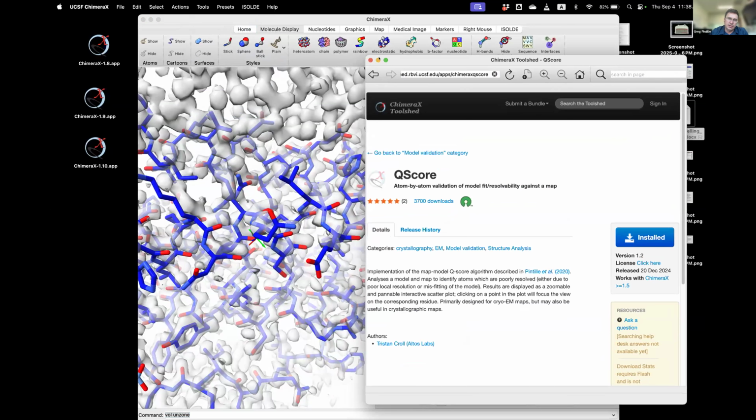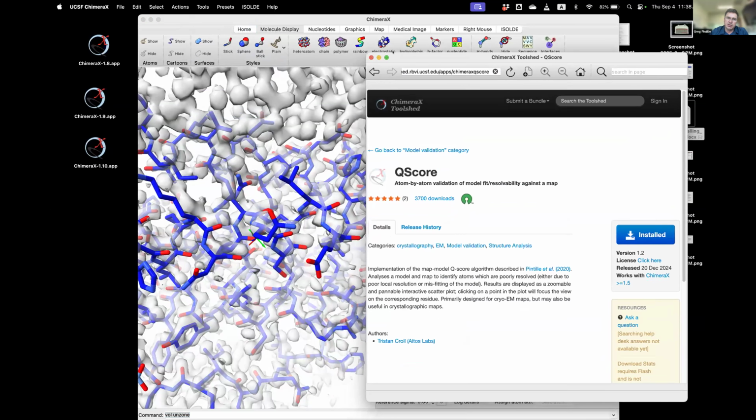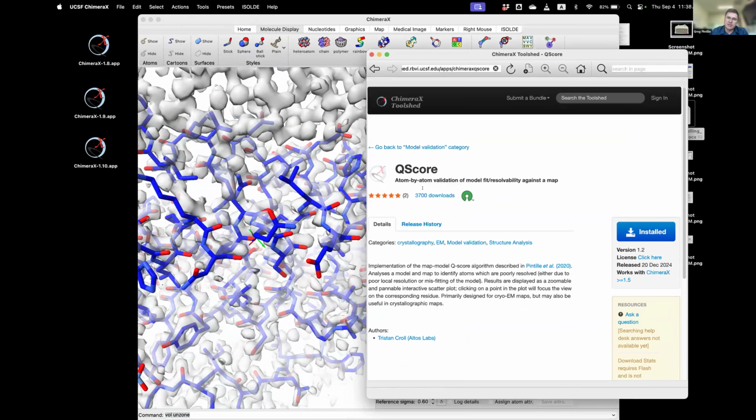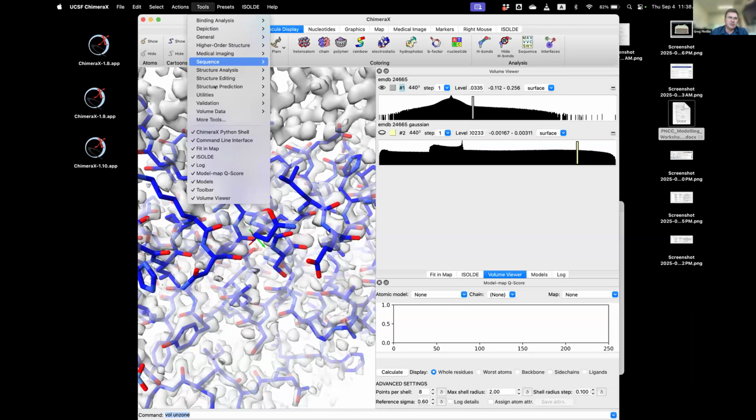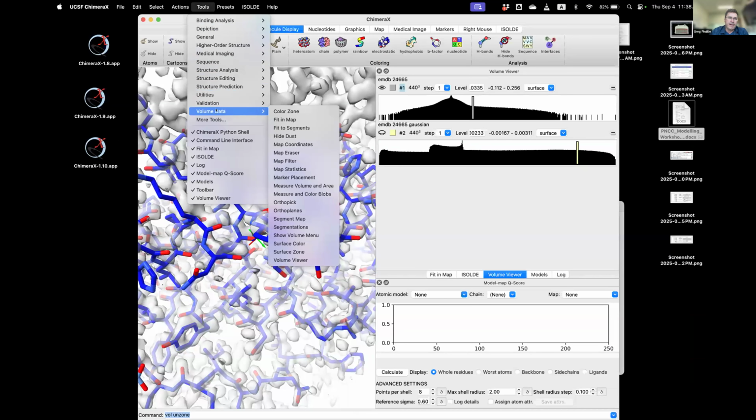My implementation is the original Chimera implementation, but we're slowly migrating more and more of the functionality into ChimeraX. But this was an excellent implementation of the Q-score by Tristan. And this takes me back a little, because Tristan, for the most part, replicated the method exactly, except for one little detail: placing points on those spheres that are increasing in radial distance.